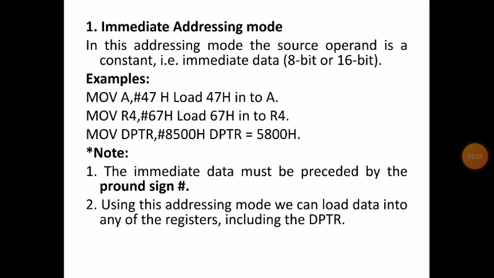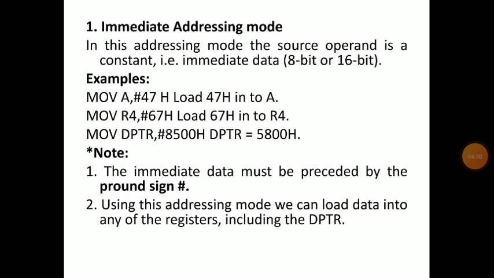Now let us start with the first type of addressing mode, that is immediate addressing mode. In this addressing mode, the source operand is a constant, that is immediate data, whether it can be 8-bit or 16-bit. Examples: MOV A, #47h.